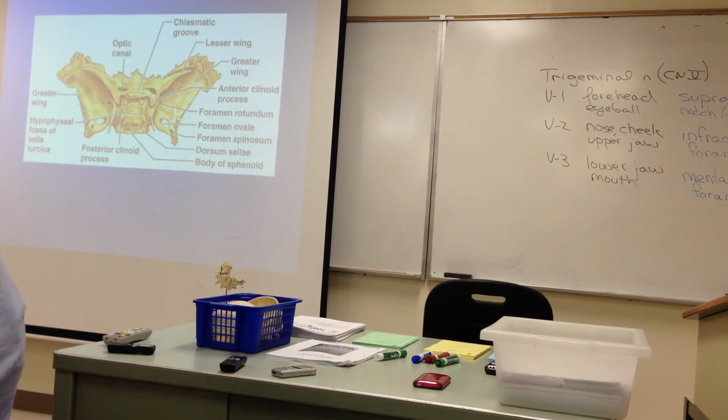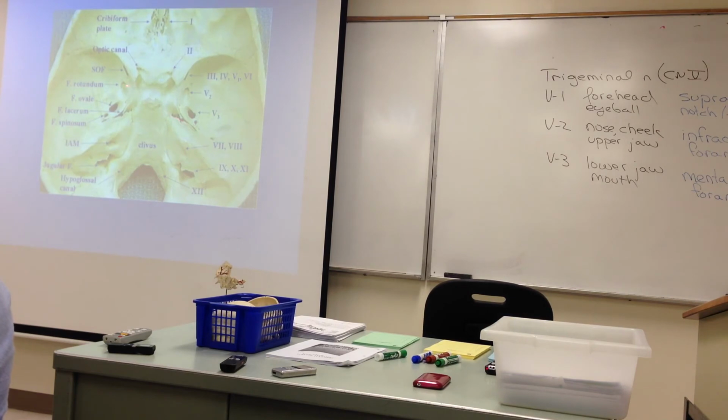There's a small round opening, it's not tiny, but it's smaller than the optic canal, right at the base here of the superior orbital fissure. If we look at this image, it's right here. And that's called the foramen rotundum. Wow, first try.